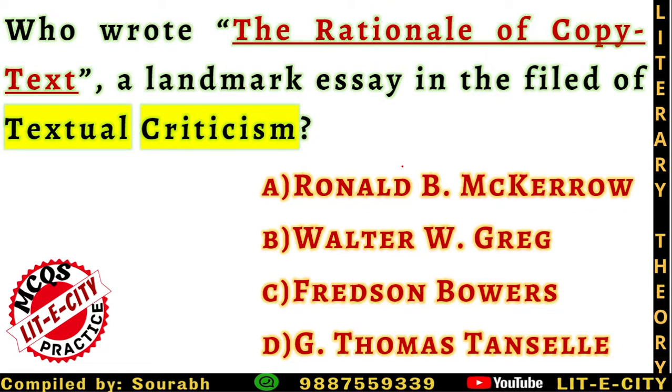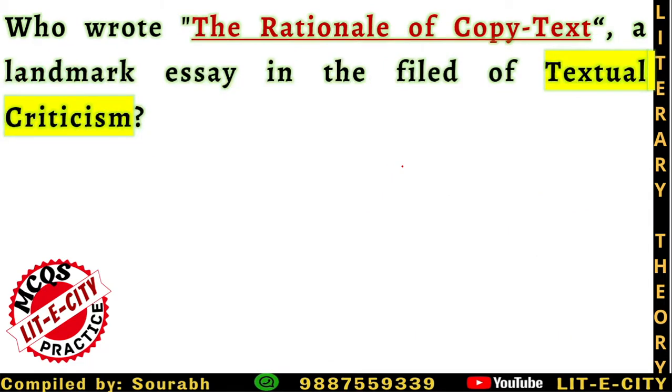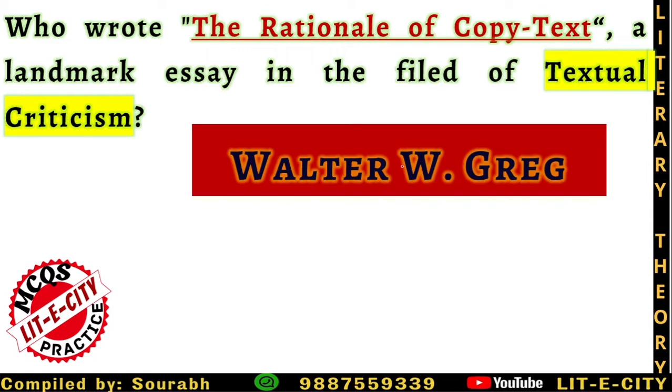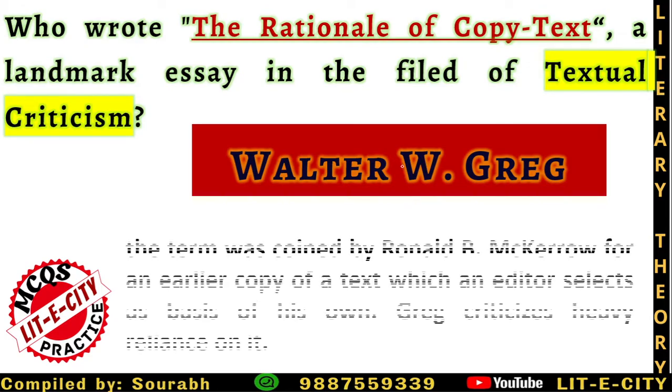But the one who basically wrote this rationale of copy text, and actually criticizes the approach of copy text, is Walter W. Greg. It was the publication of this essay which changed the course of textual criticism.